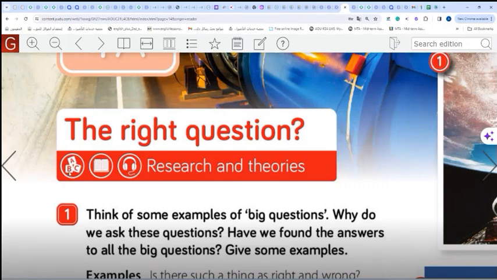Vocabulary. Yes, vocabulary. What else? What about the second? Reading. Excellent. Then listening. Excellent. So what do you mean by research and theories again?